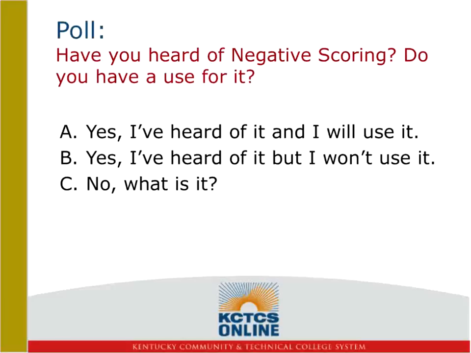One of the biggest use cases I've seen is in medical courses, where if they do one thing wrong, let's say they tie the tourniquet in the wrong place for a cut, it could have life-threatening consequences. So on a test, you can actually take points away, not just give them 0 points for that question, but actually take points away, which would lower their score. So we'll take a look at negative scoring, make sure you guys know where that is too, since a lot of us haven't seen that before.